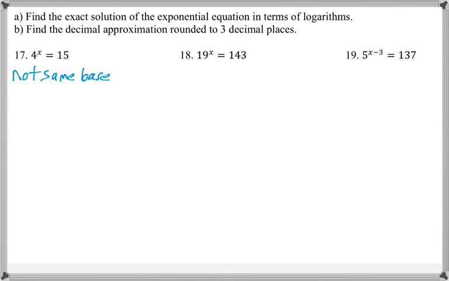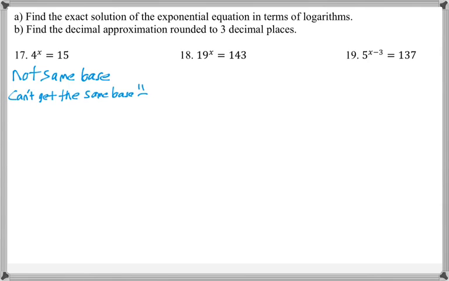So I cannot express 15 as 4 raised to some power, and I can't use 2 to express both of these either. So we can't get the same base. So the techniques that we were using on the previous problems, we can't do that here.